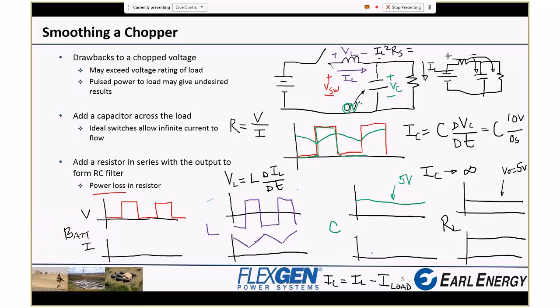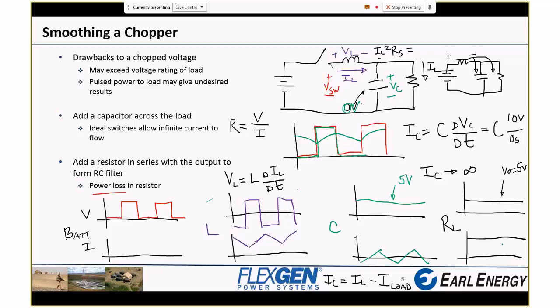If we just do this graphically, what we see is that the capacitor current ends up with the triangle wave current that's in the inductor, but now it's centered around 0. That was the thing I glossed over here. I drew this inductor current up here above 0 because I knew the average value of the inductor current had to go to the load.